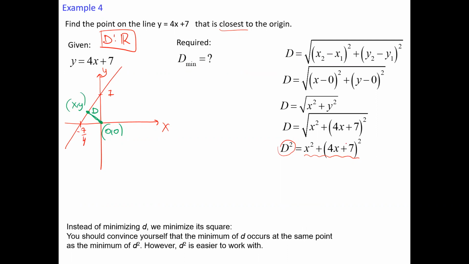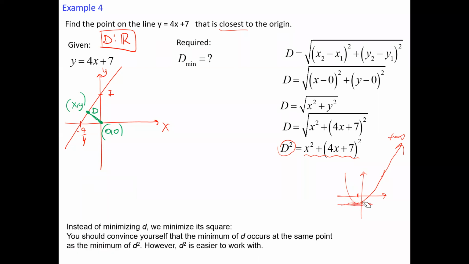And now we can see this is x squared, and 4x plus 7 we will also square. It's a quadratic function with a positive leading coefficient. That means now we can talk a little bit better. As x becomes bigger, because the domain is all of the numbers, the values go to positive infinity. And if we find the critical point, this will definitely be a minimum, the lowest point.